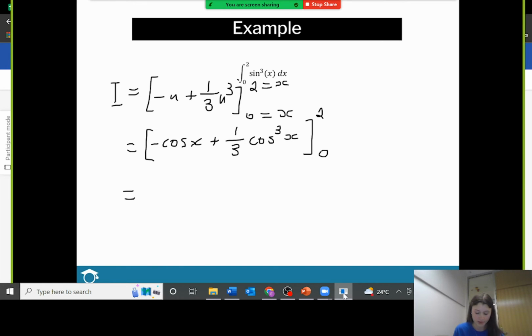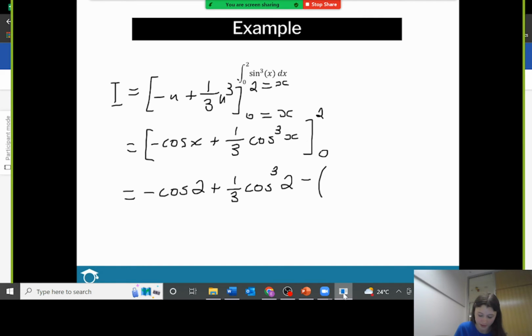And then just getting this into our definite integral, we're going to get negative cos 2 plus a third cos cubed 2. And then cos of 0 for both of these, cos of 0 is 1.